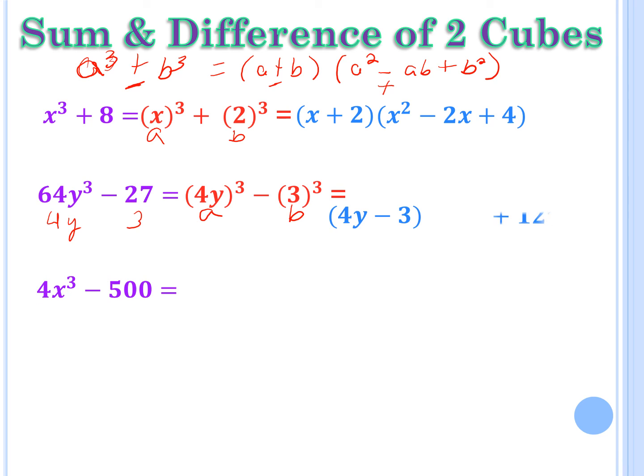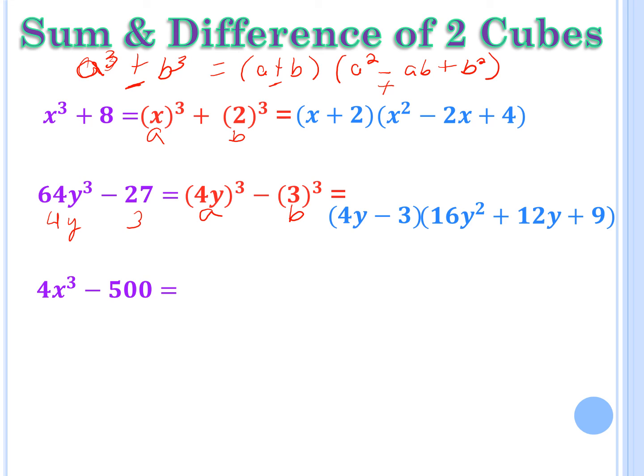Then for the trinomial, I'm going to do a squared. So 4y times 4y is 16y squared. It's minus, so my next sign is a plus. And then 4y times 3 is 12y. And then plus b squared, which is 3 squared, which is 9. Okay?